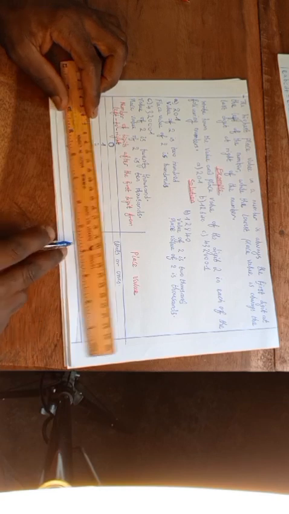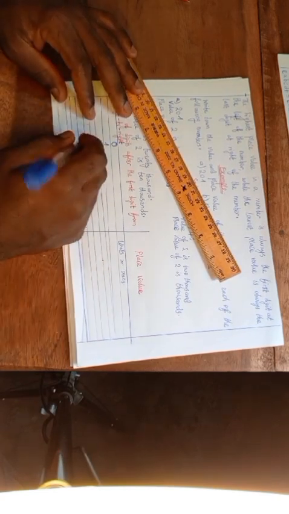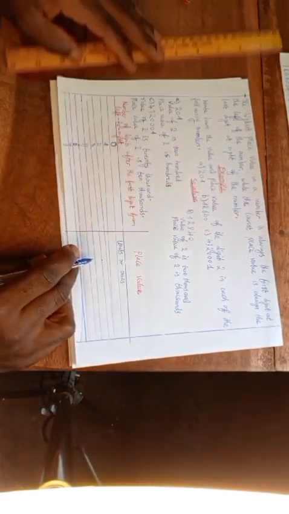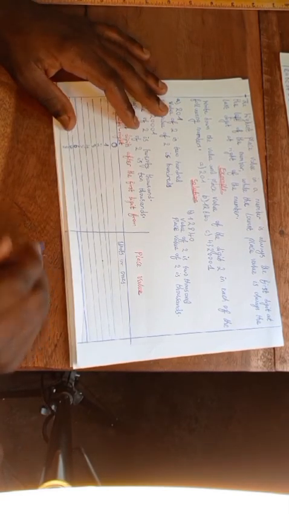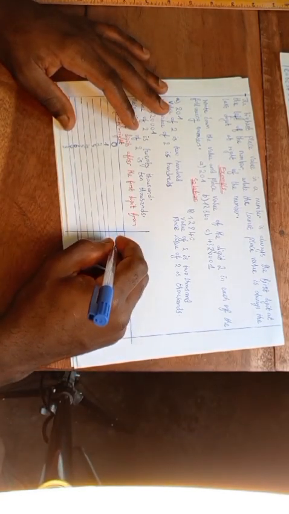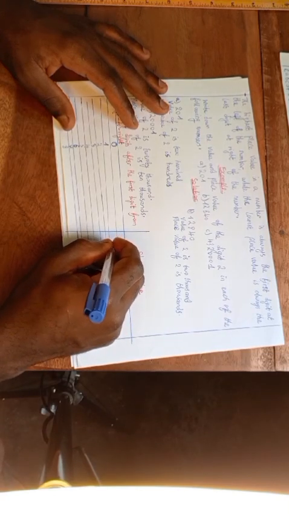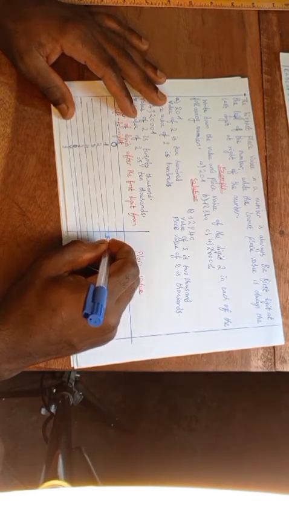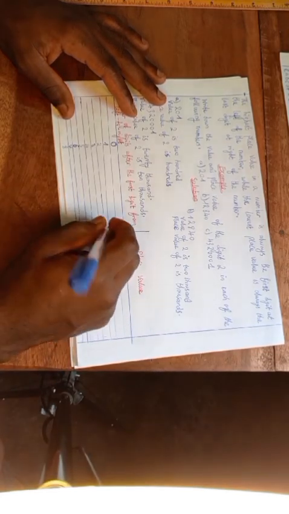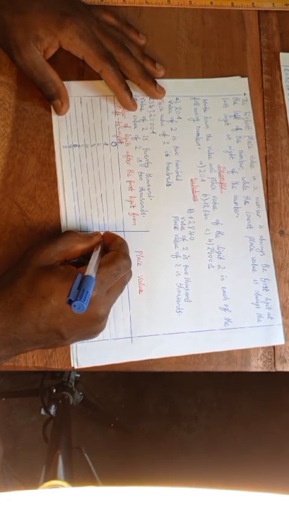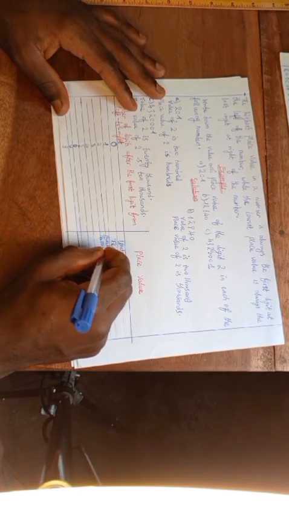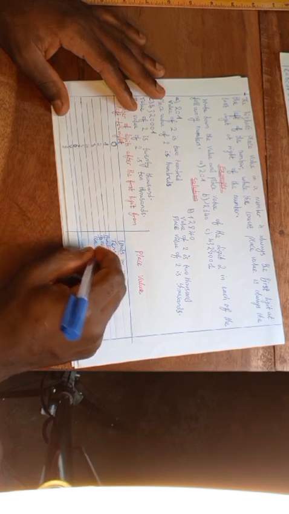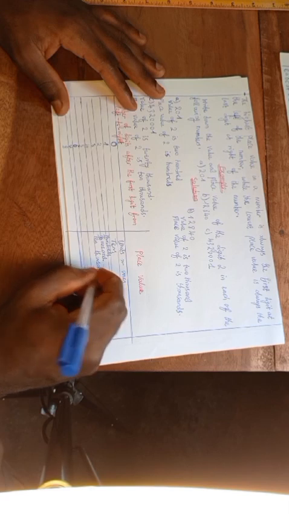We are going to end at 9. For 1, we have tens. 2, we have hundreds. 3, we have thousands, with an S. 4, we have 10,000s.